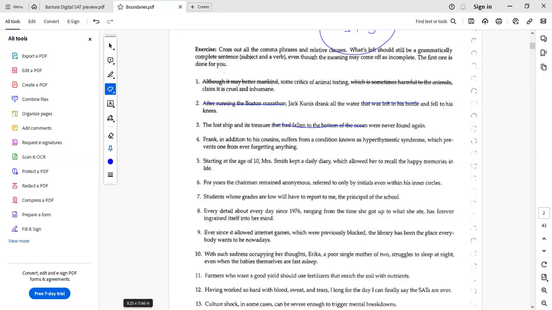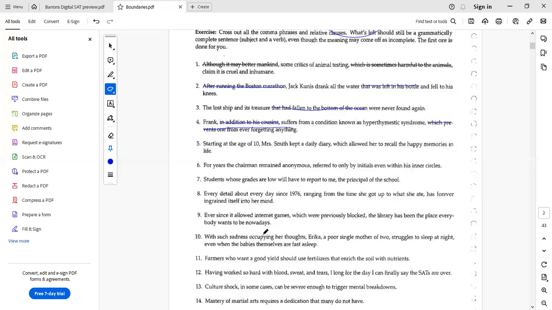"In addition to his cousins." Excellent, a prepositional phrase that is not important. There is another one: "which until..." Excellent, a relative clause. So the main sentence is: Frank suffers from a condition known as hyperthyroidism syndrome.